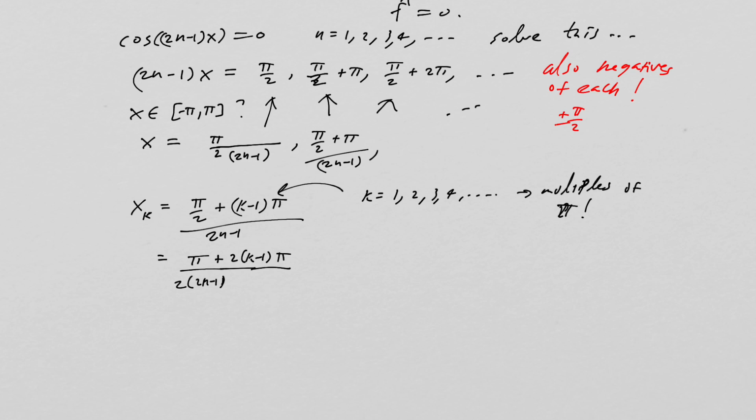We can do a little simplification here. We can factor out the pi, and we can factor out the 2, and then we have a 2n minus 1 there. And if I look at what's left over, we have a 1 plus 2 times k minus 1, and we have a pi over 2. And if I simplify there, what I really have is a 2k minus 1 all over 2n minus 1.